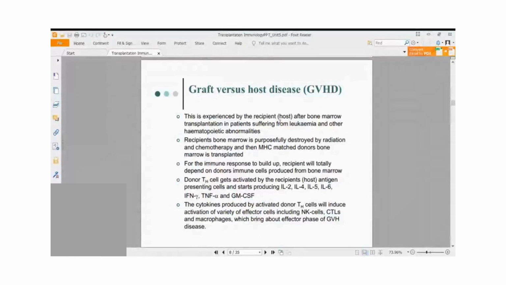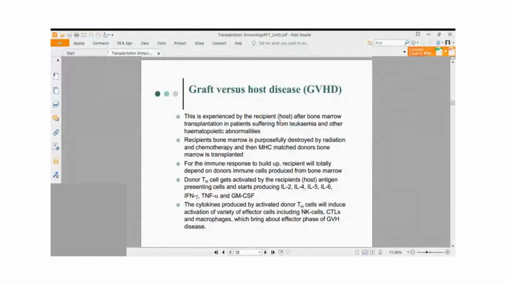After that, the person should be kept in such a careful condition that he should not come in contact with any infectious agent. At that time, he should be completely kept in aseptic condition. And then the bone marrow transplantation is done.